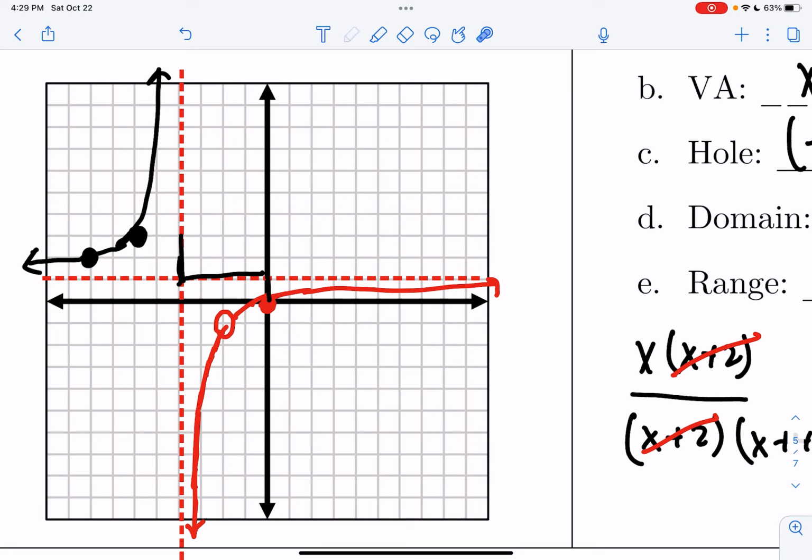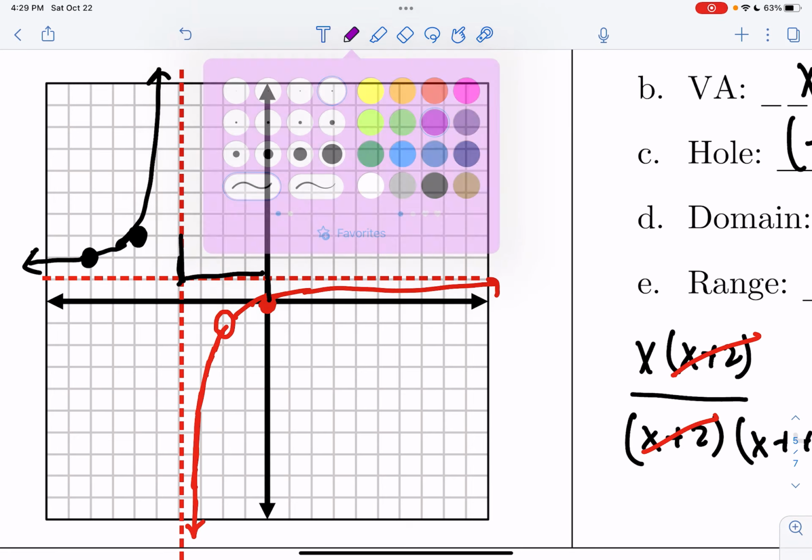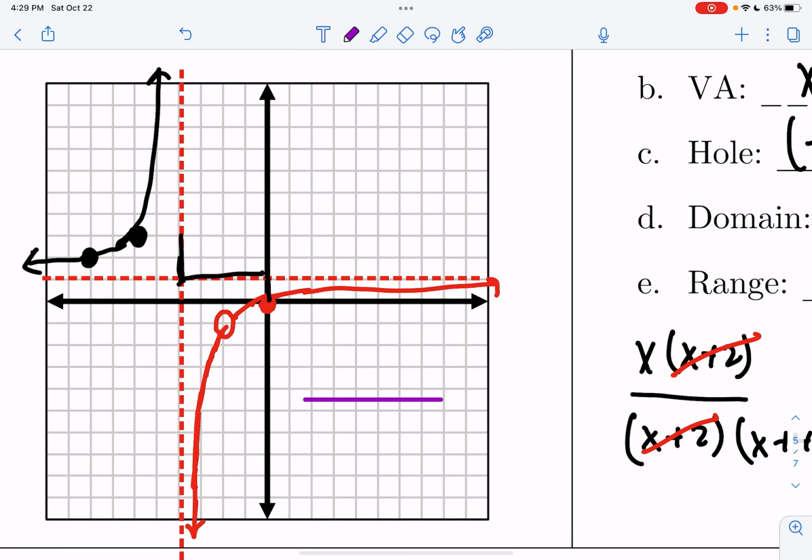So looking at this, I know that because I have a vertical asymptote at -4, it has to be in my denominator. I also know that because I have a hole at -2, I need to have a canceling factor at the top and at the bottom to cancel. Also, let's look at the x-intercept.